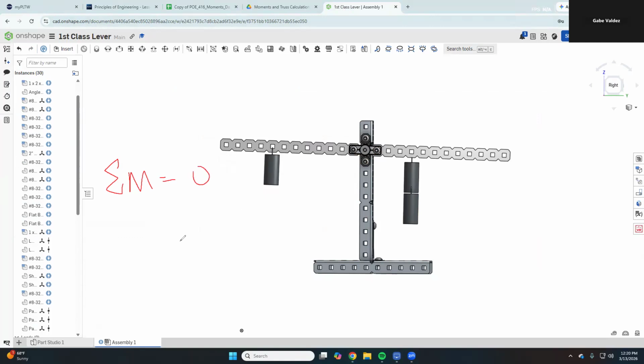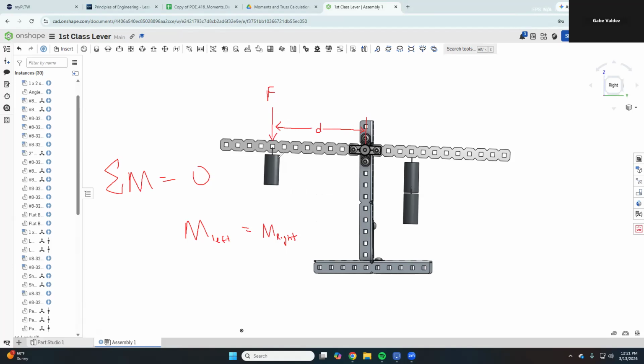In other words, the moments on the left side of my fulcrum have to equal the moments on the right side of my fulcrum. So if we hang a mass at this point, and we know this distance, we can go ahead and determine what the moment is.